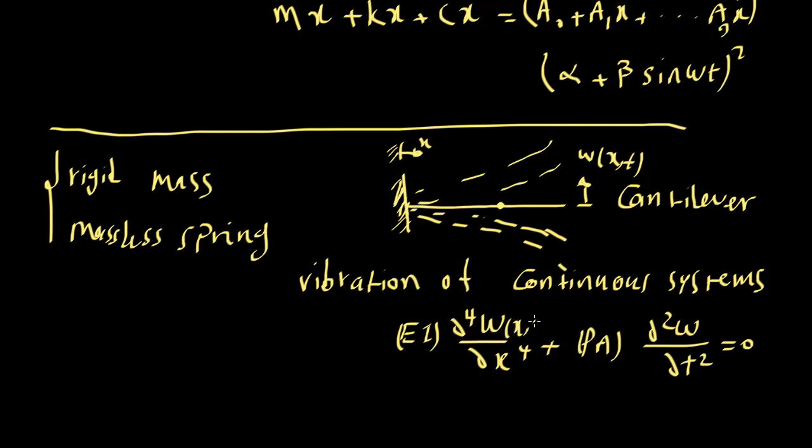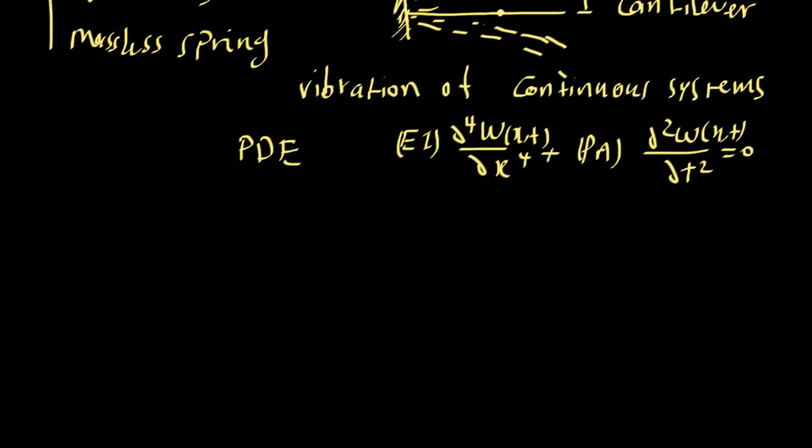But because this is a function of x and t, we have partial derivatives here, and we have a PDE. So in such a course for vibration of continuous systems, again, you will start with the free vibration of a continuous system like this, and you have a PDE instead of an ODE. The next step after this in such a course would be adding damping again.